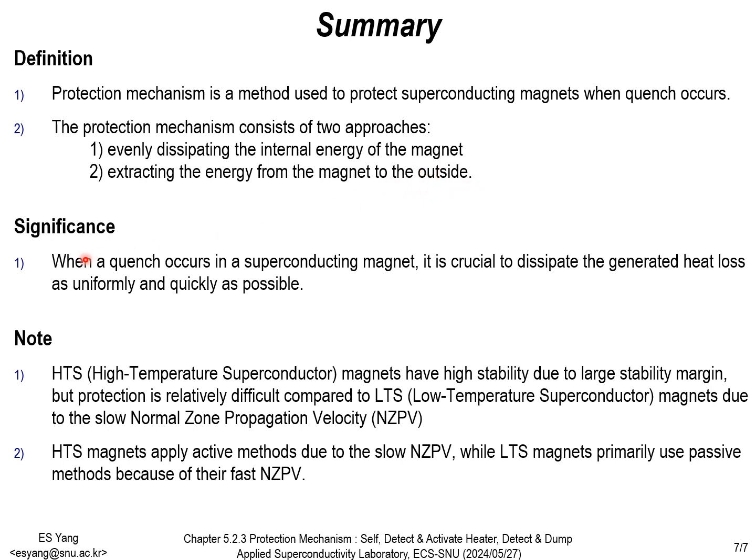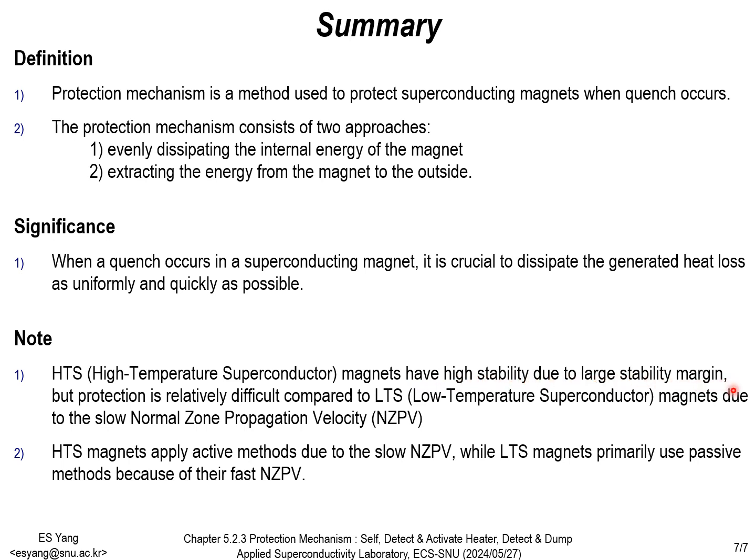When a quench occurs in a superconducting magnet, it is crucial to dissipate the generated heat as uniformly and quickly as possible. In the case of HTS, high-temperature superconductor magnets, the larger stability margin means they are more stable.